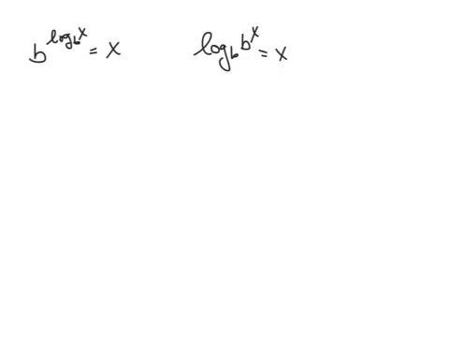Alright, let's look at example 8. We have log with a base of b of 1. Now this is where it gets a little tricky, not tricky necessarily, but where you see this kind of stuff.